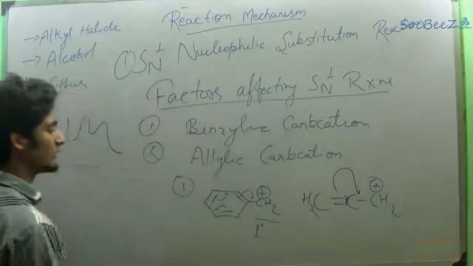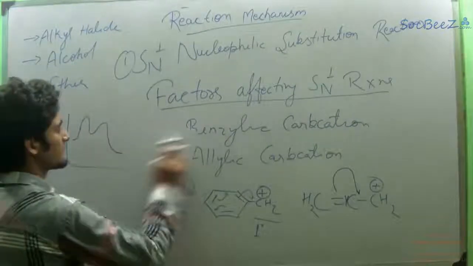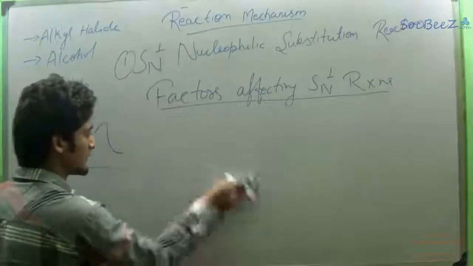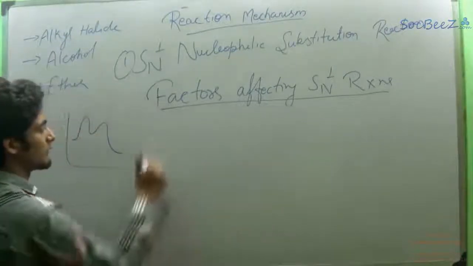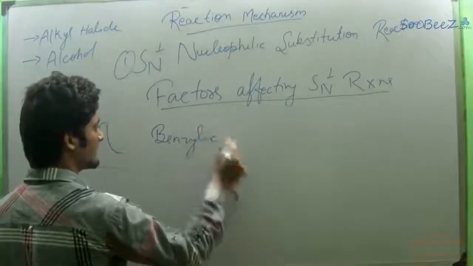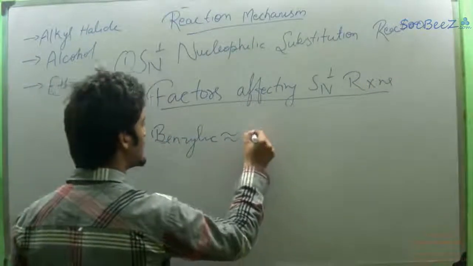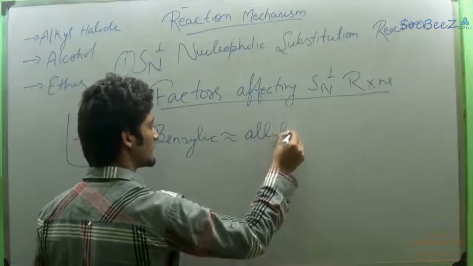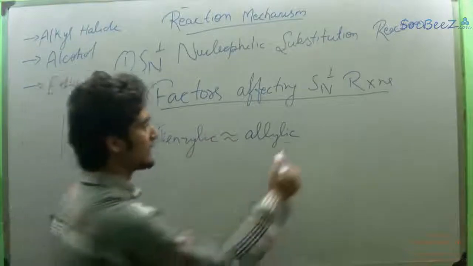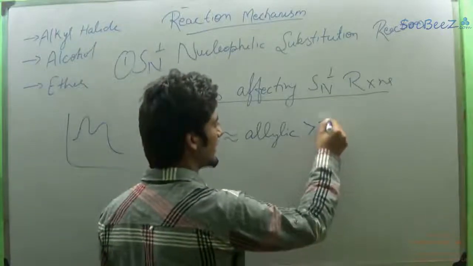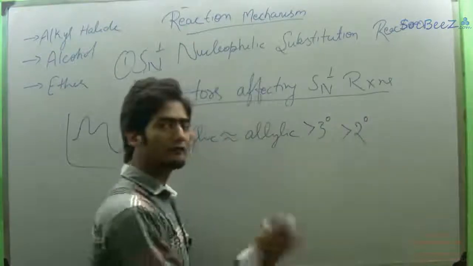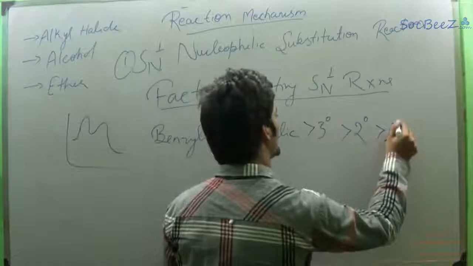So, the final order we have is: the benzylic and allylic alkyl halides are almost equally reactive, but both are greater than 3 degree, which is greater than 2 degree, which is in turn much greater than 1 degree.